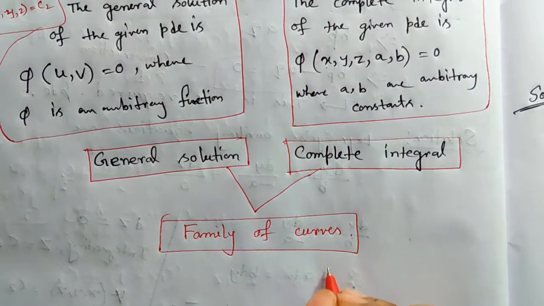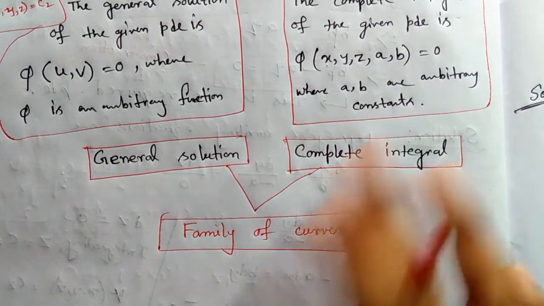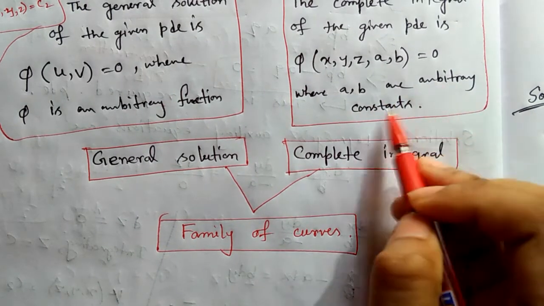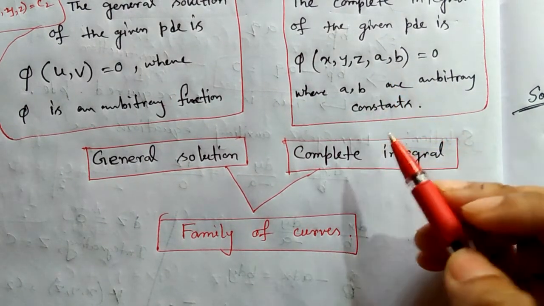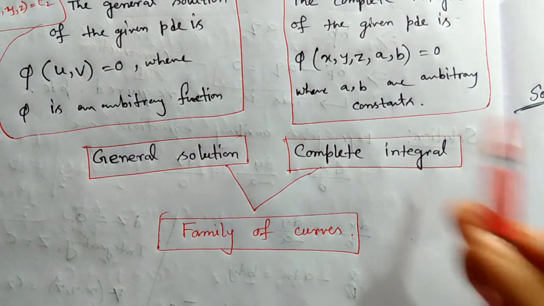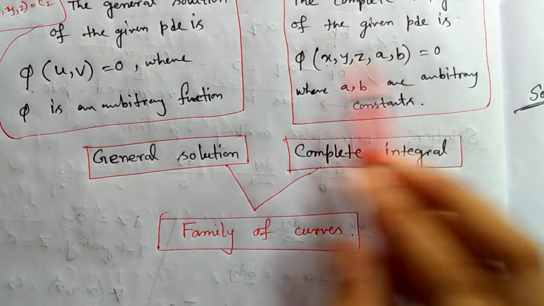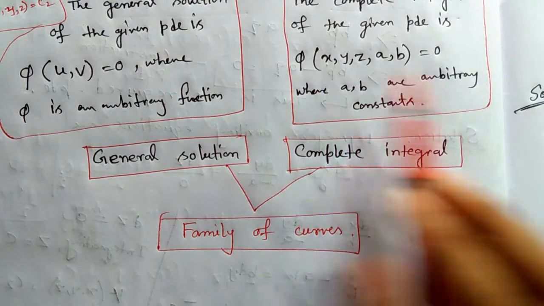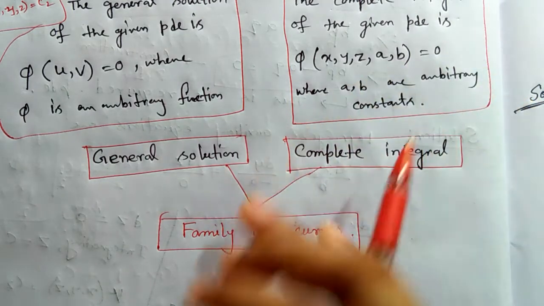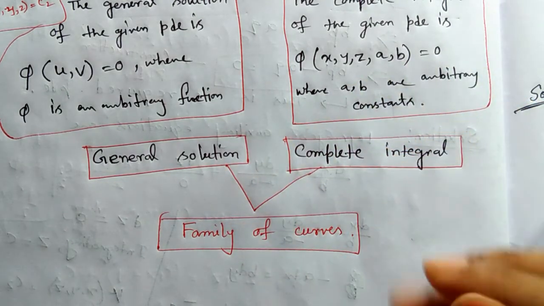Why a family? Because there are arbitrary constants or arbitrary functions. Arbitrary constant means what? a, b are real numbers and there are infinitely many real numbers. By putting each value of a and b, we can get different equations or different relations. So there is a family of equations.